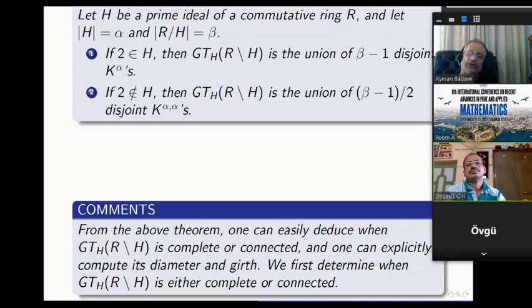Complete bipartite means the set of vertices can be split into two sets, call them set A and set B. Every two vertices in set A are not connected by an edge, and every two vertices in set B are not connected by an edge, but every vertex in A is connected by an edge to every vertex in B. This is what we call complete bipartite, and the notation is K alpha alpha.